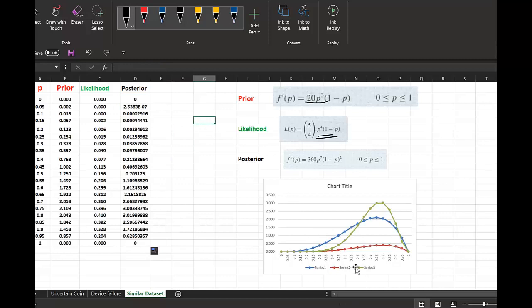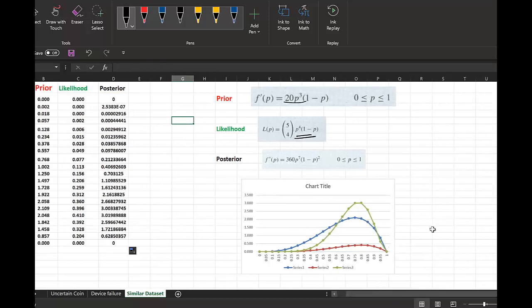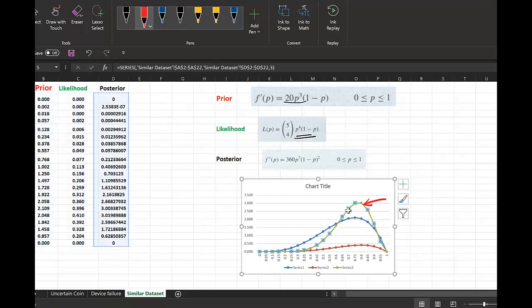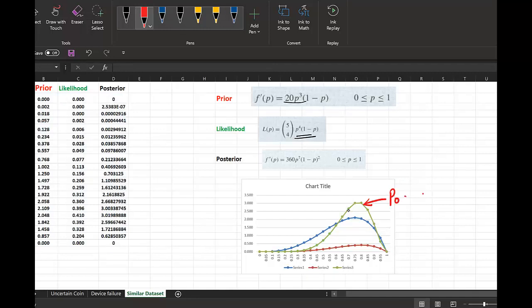Now we have plotted here the prior distribution, posterior distribution, and the likelihood function. You can double click here and see which data this is. So this is the posterior distribution, and this data is the prior.